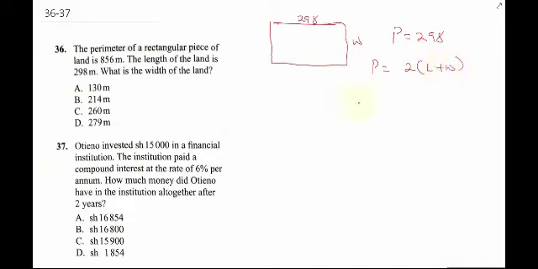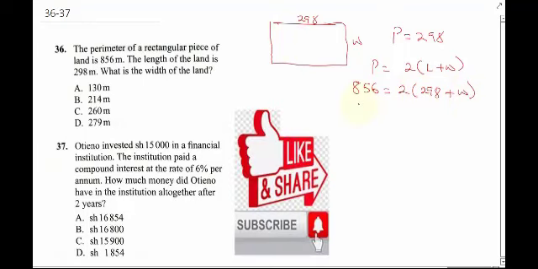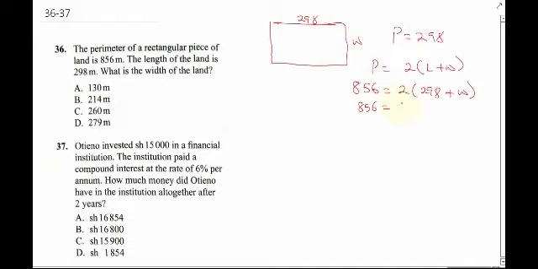So this is 856 is equal to 2 times, now our length is what? 298 plus W. This is going to be 856 is equal to 596 plus 2W. So I'll collect my like terms.